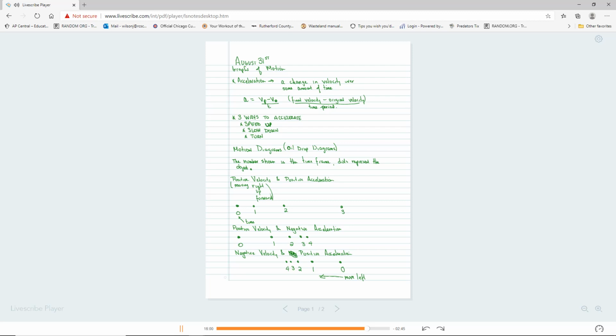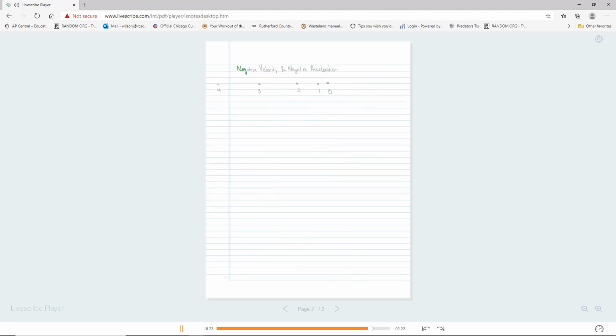You could just think of it from the absolute value. Yeah, you can think of it as the absolute value. So, what does that do for our last one then? Negative velocity and negative acceleration. I've heard lots of good ways to think about it over the years, and that is one of them.